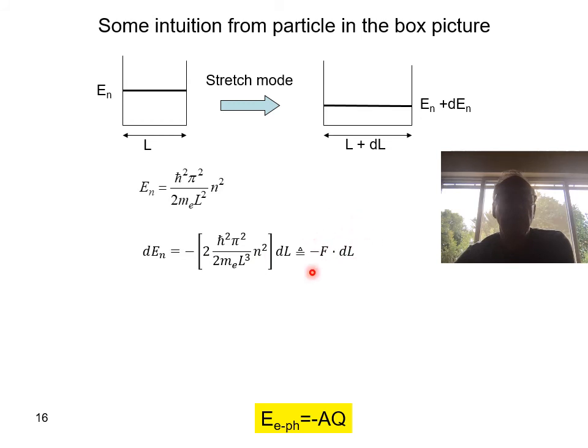And the fact that it is linear is something that we are going to use because it is common to define the electron-phonon coupling, the idea that stretching changes the electron energy by a multiplication by something that we will call A and the coordinates.